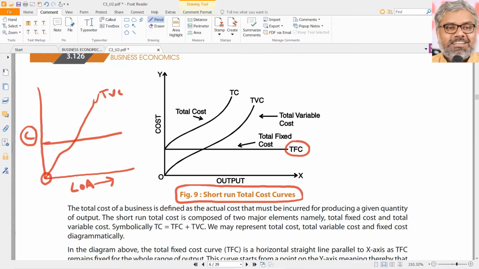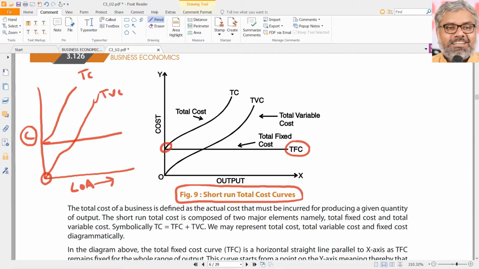But total cost starts from fixed cost, right? Because fixed cost is already there. So what will the total cost be? It will not start from 0. It starts from fixed cost, and it will also increase along with the level of activity or output increasing. So total cost, total variable cost and total fixed cost will look like this.